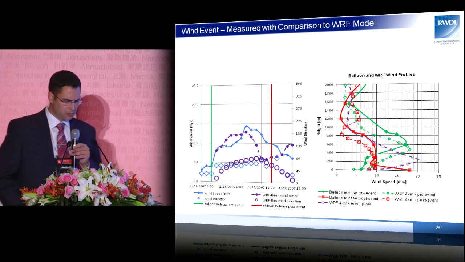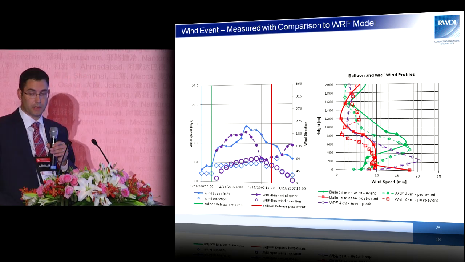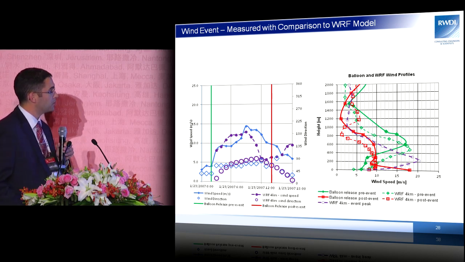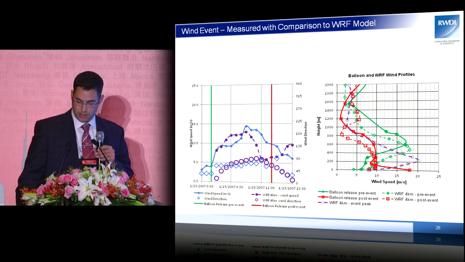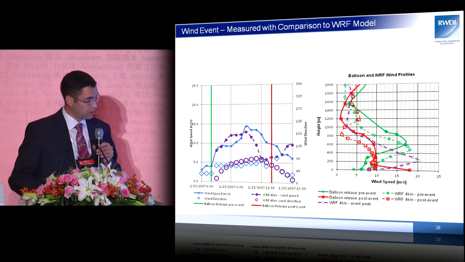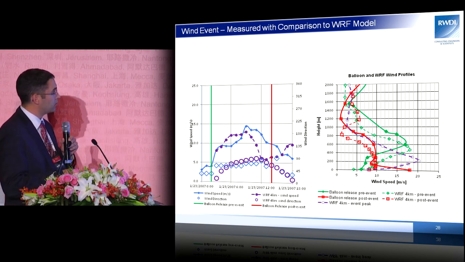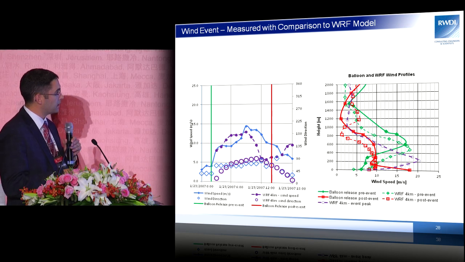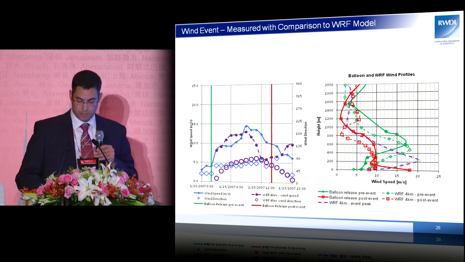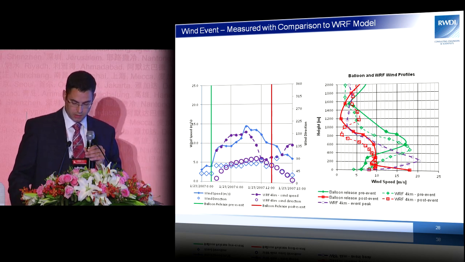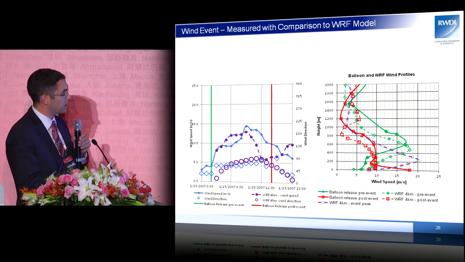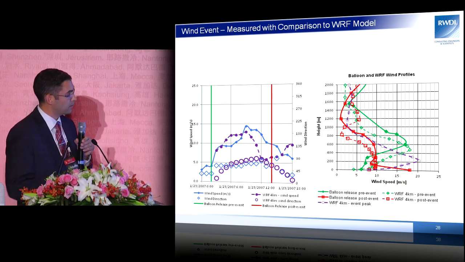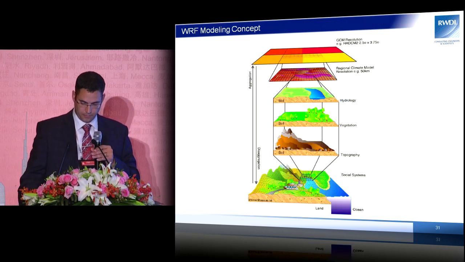But we were able to use the balloon data to validate, or get a little bit of confidence in, our WRF modeling. You can see here that we did model, well, not exactly following the surface data, but it gave some level of confidence in the technique. And more than that, it actually gave us some data on the peak event on that particular day.